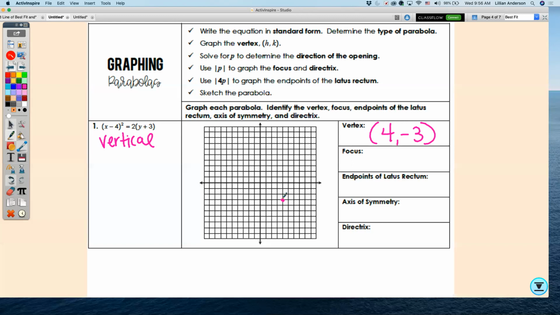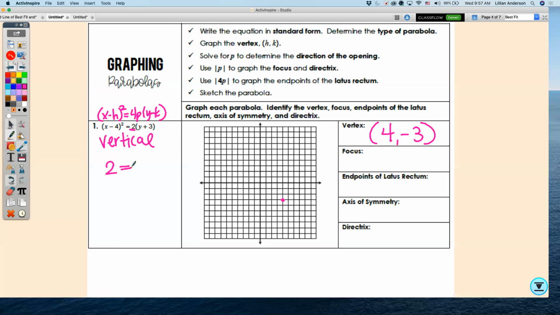We want to solve for P to determine the direction that it is going to open. Since we already know it's vertical, if P is positive, it's going to open up. If P is negative, it's going to open down. So when you think about the general form, which is x minus h squared equals 4p y minus k, 4p is what 2 should equal.